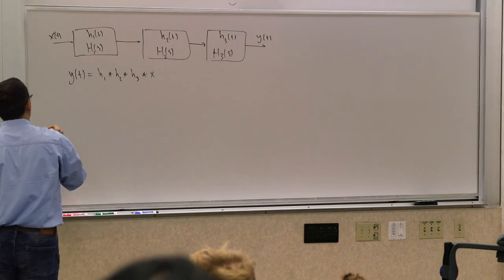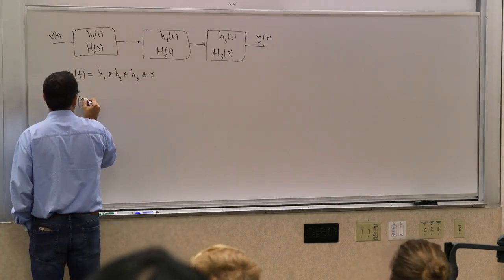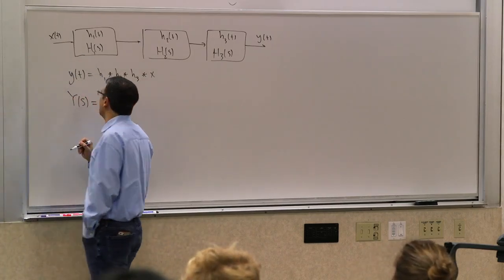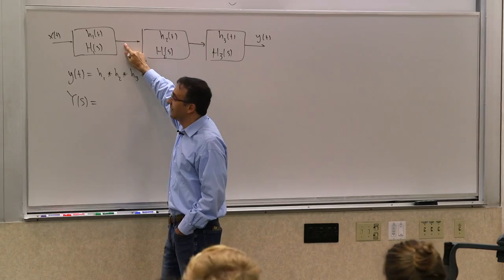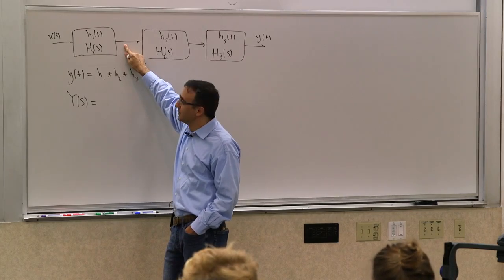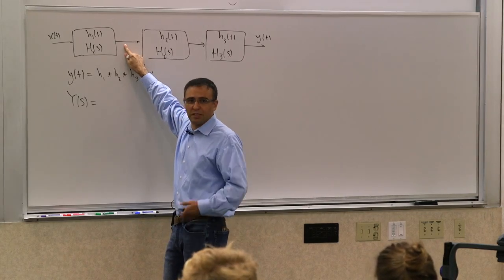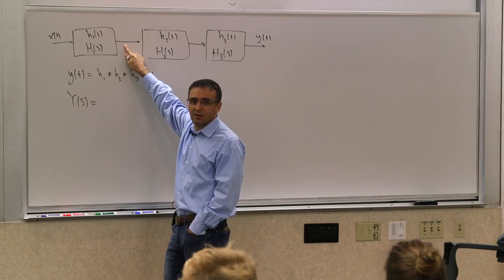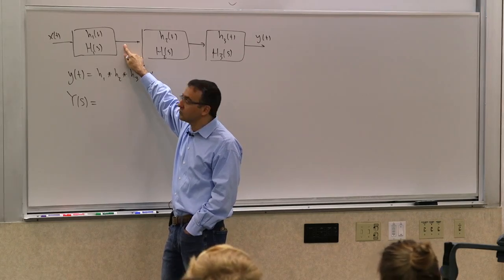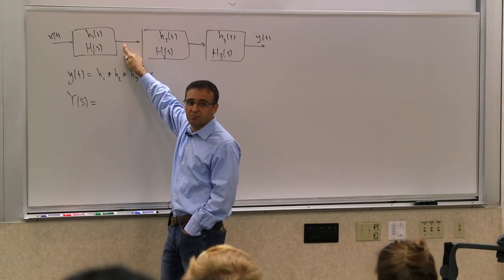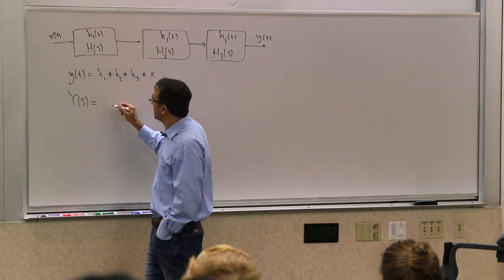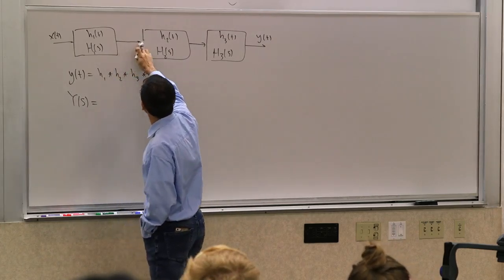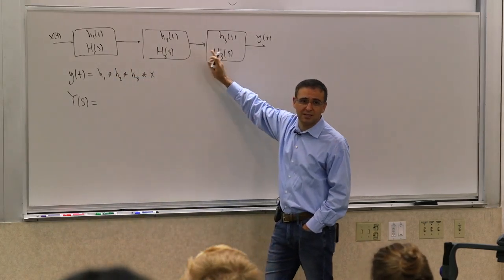Now, how about in complex frequency domain, in the S domain? What is this output? Or P domain, the same thing. Right? Go ahead. H1 of S times x of S, or x of P. So it would be h1 of s, but then the next one would multiply by h2 of s and h3 of s.